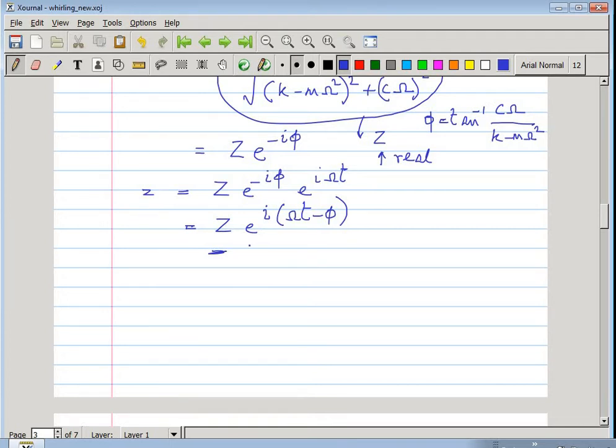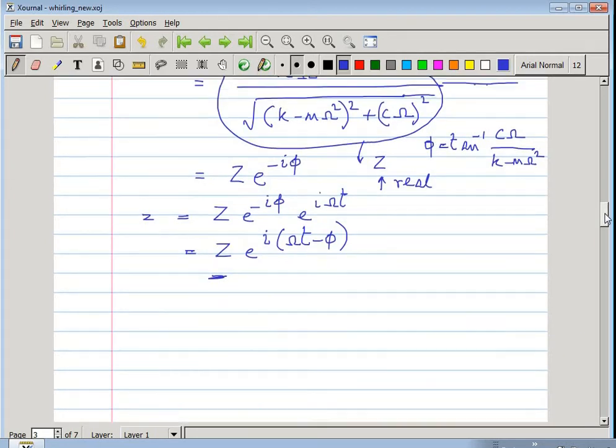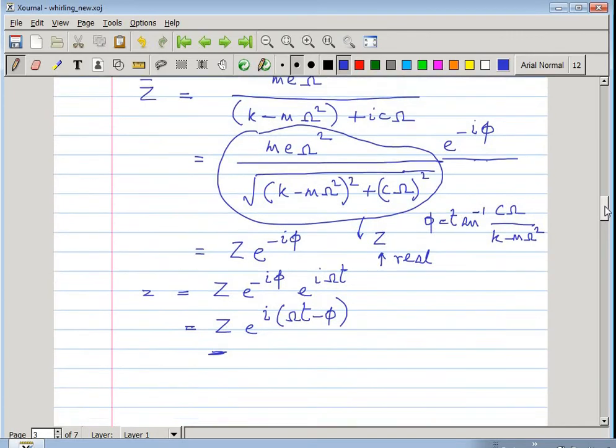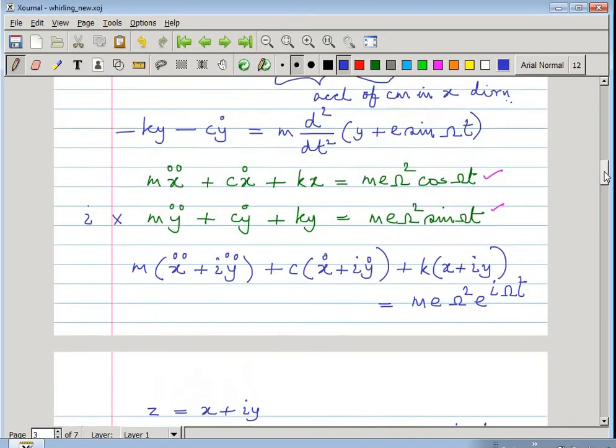The small z has an amplitude of this, and this is actually lagging the displacement.